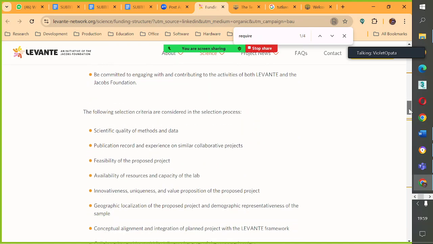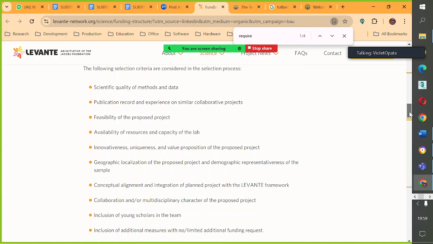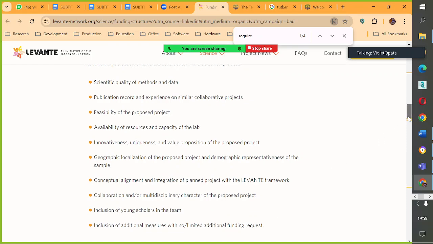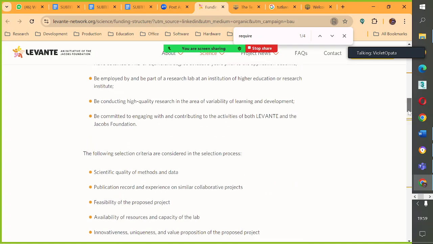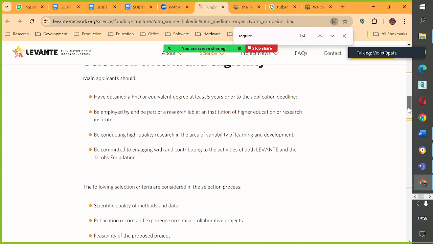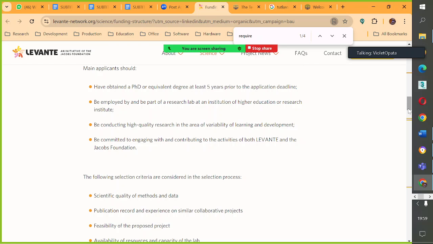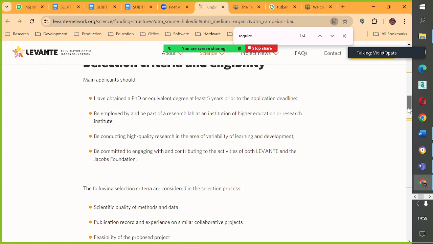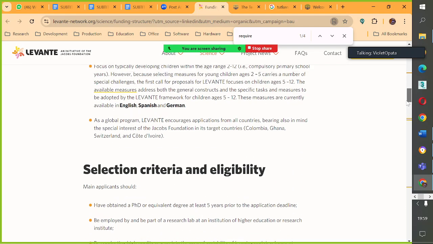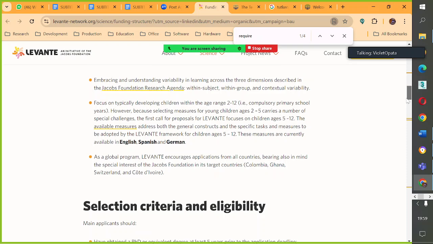Our Chair, there is no big issue about this. We can be able to apply. However, there is one that they said you must be collaborative, have participated in a collaborative project similar to this.